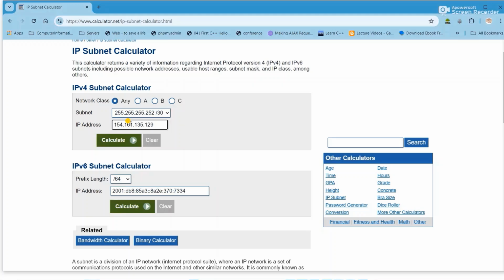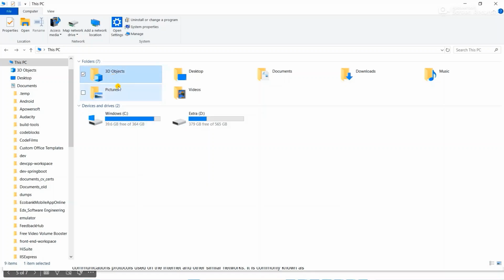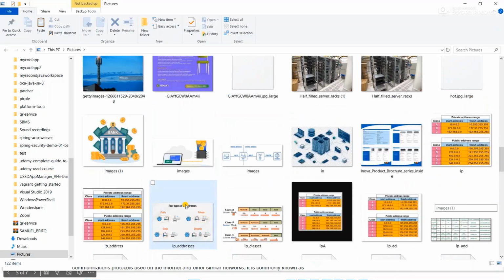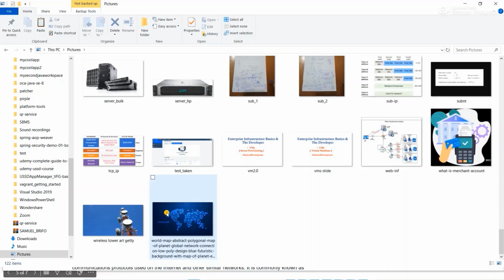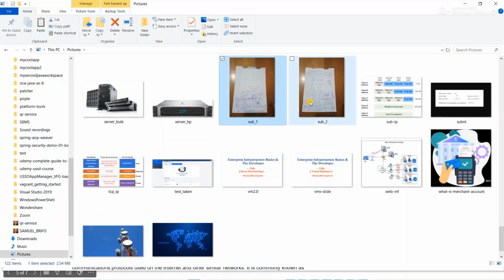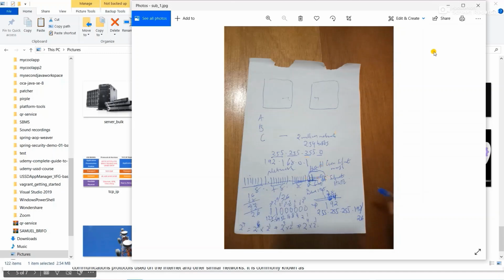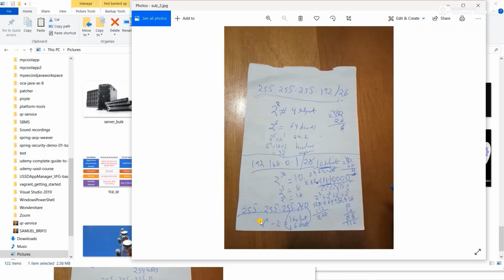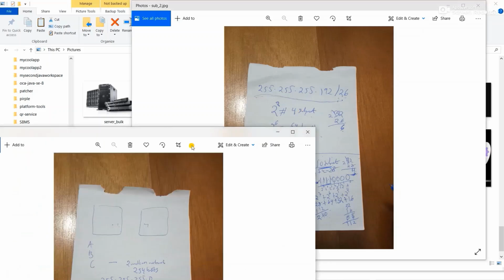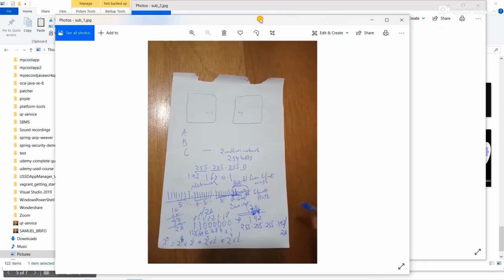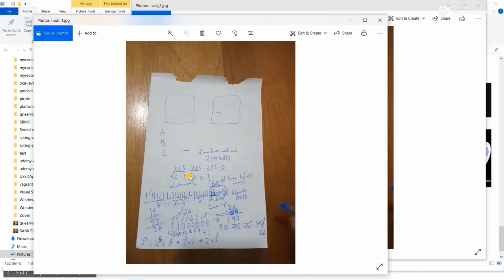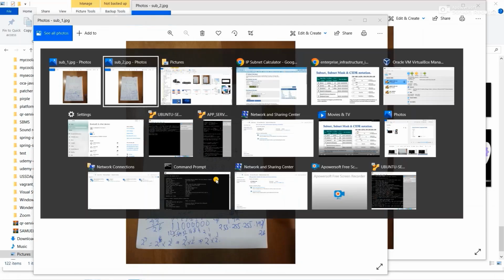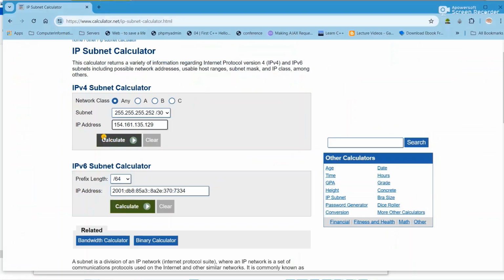So for our first use case, I have the images here. Let me get the images. I think I saved them in my pictures. Yeah, so SBU1 and SBU2, let's open them. For SBU1, we used an IP of 192.168.0.1, so let's enter that here.